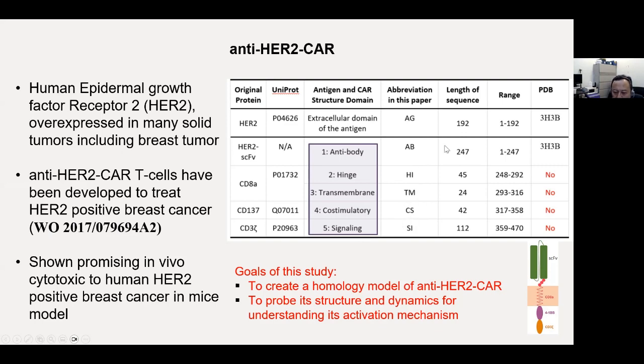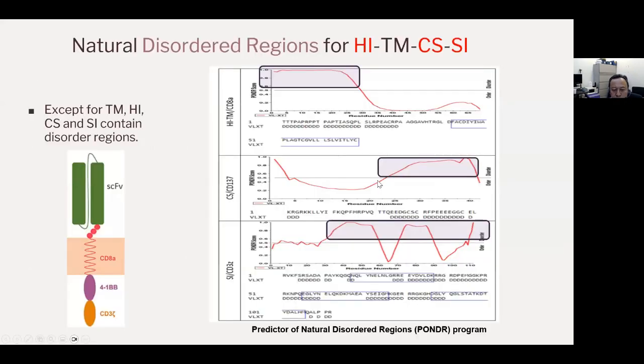So you look at the solved structure. As I mentioned, the experimental approach is not able to solve the structure for the disordered parts because those parts are flexible. The available structures are the ordered parts, so this antibody and this antigen, yes, there's structure. Here we do some bioinformatics study to detect which parts are disordered.